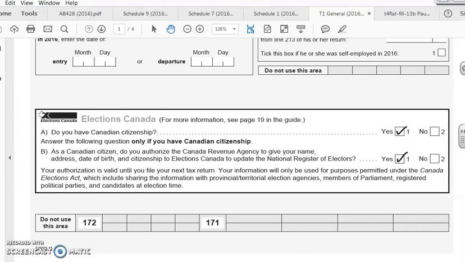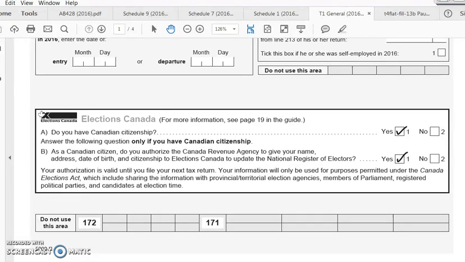I knew that I was moving, and therefore I would be checking no to those things. Otherwise, I'd be checking yes, and usually I do wind up checking yes. And that is the first page.